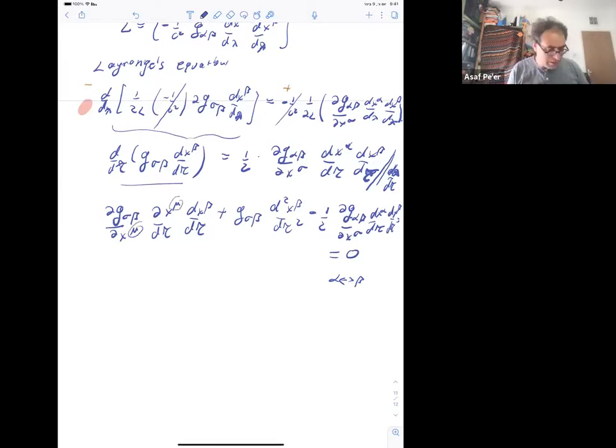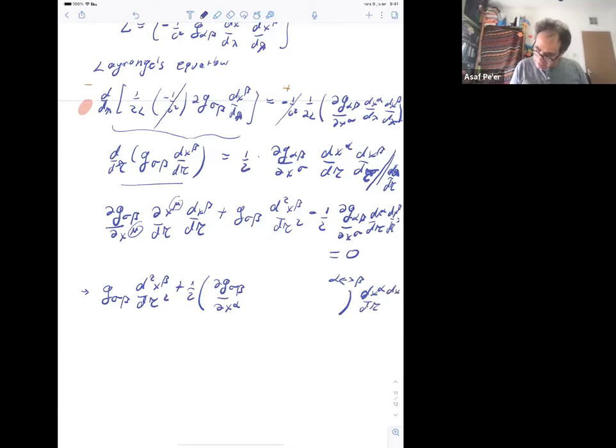So I can write down g sigma beta d squared x beta over d tau squared plus 1/2. Okay. Since this is a dummy index, I can change it. So I can do it dg sigma beta over dx alpha, dx beta over d tau, plus dg.